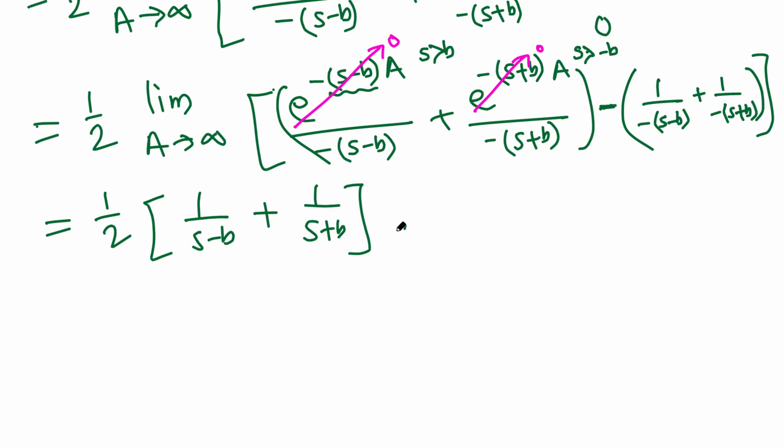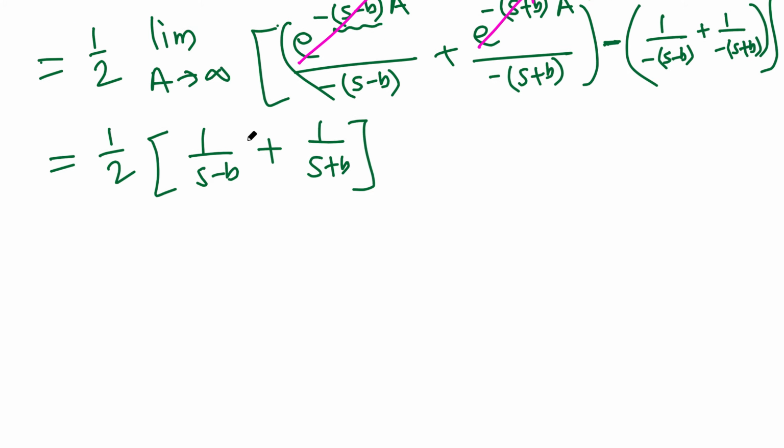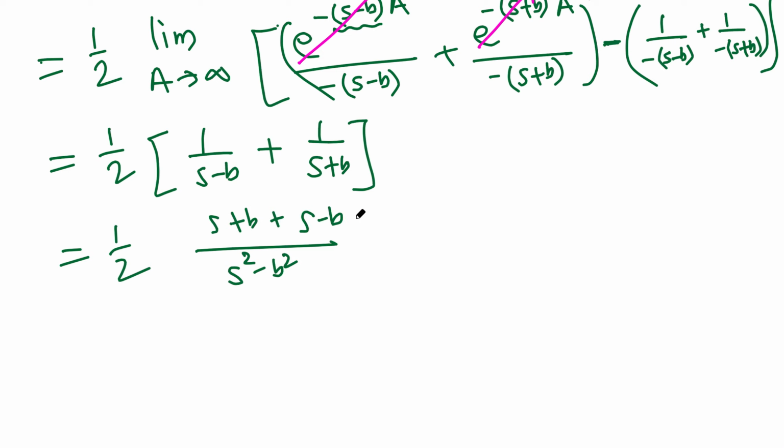Now we need to combine the restrictions. Here s is bigger than b, and s is bigger than negative b, which is the same as simply s is bigger than b. Now let's work on the expression. Half of the combined fraction has common denominator s squared minus b squared, with numerator s plus b plus s minus b.